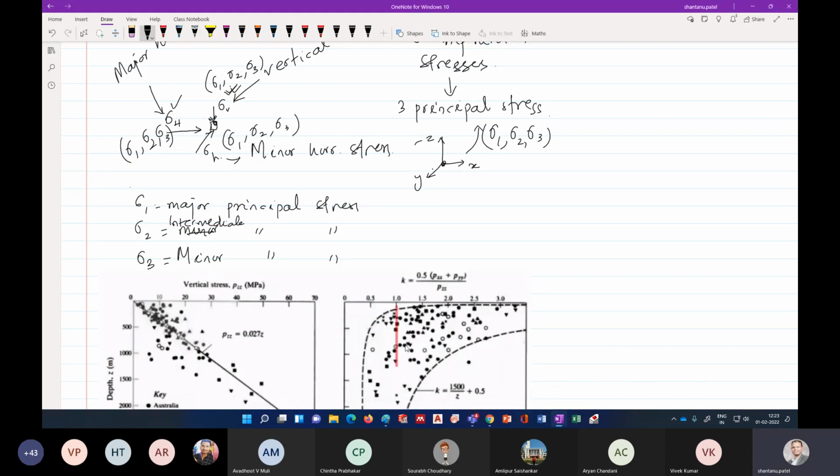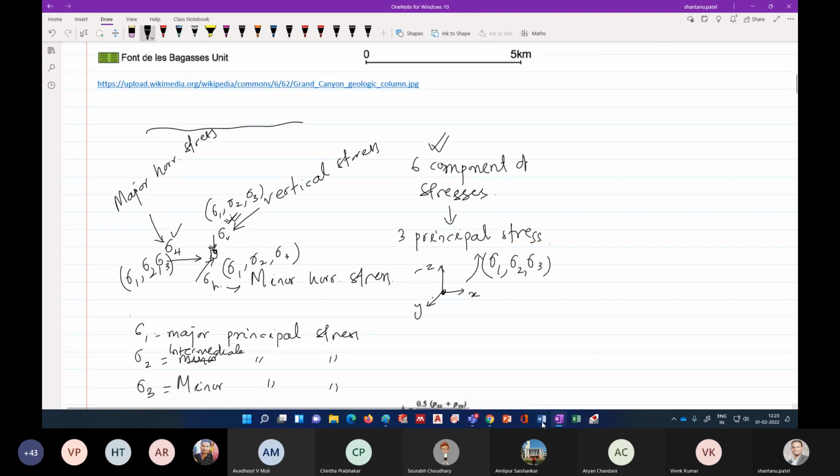So do you understand what is this major principal stress, minor principal stress, and intermediate principal stress? Okay, let me quickly recap. Let's say at a depth of Z, you are constructing something. Either you have a mining project, civil project, or petroleum project, whatever project you have. So there you have three components of stress.